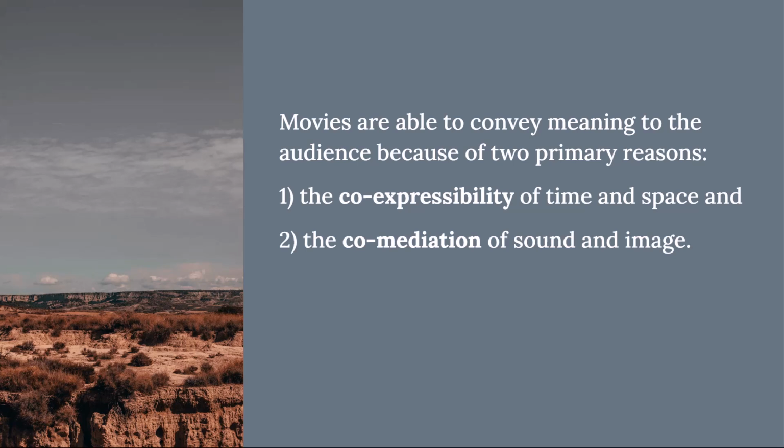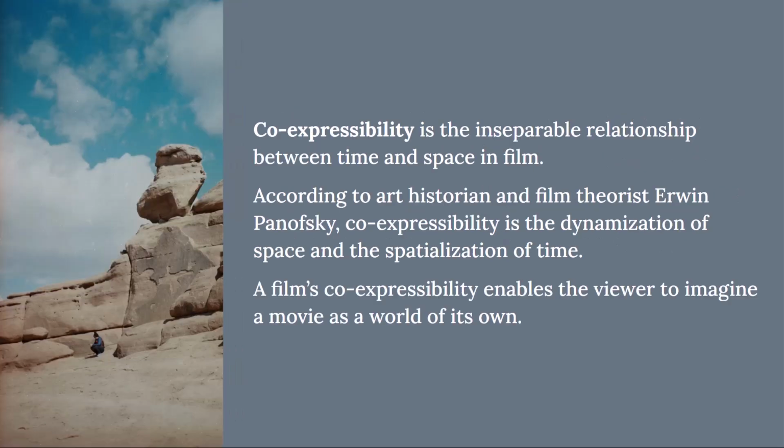Co-expressibility and co-mediation might sound like intimidating words, but these concepts are inherently familiar to most movie watchers. Let's explore the definitions of these words to understand their importance in the movies. The term co-expressibility refers to the inseparable relationship between time and space in film.